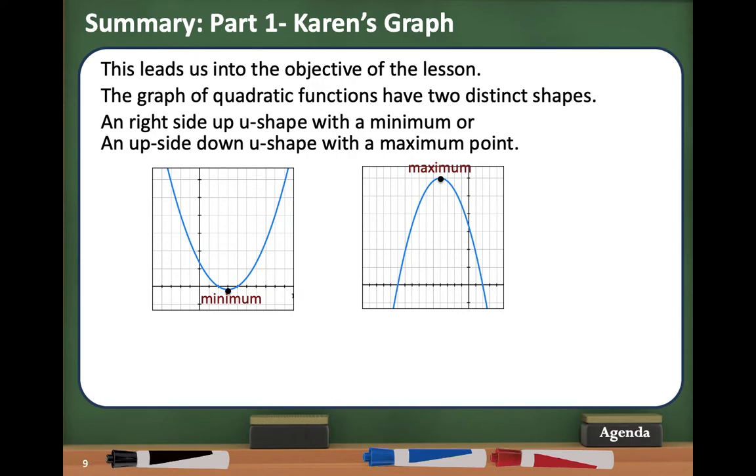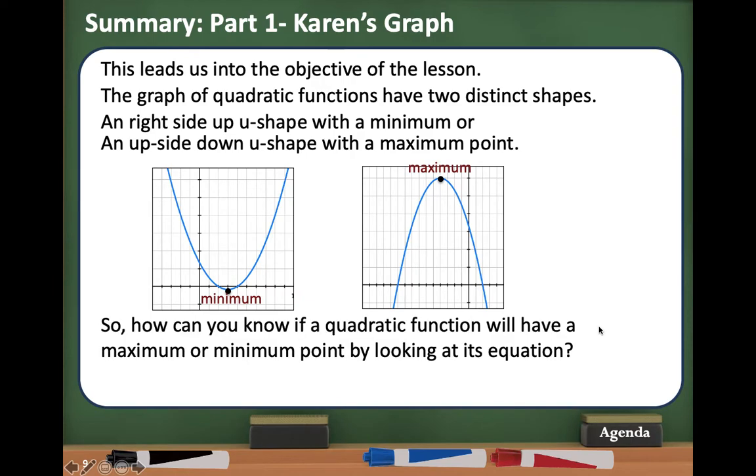So those are the key features. Now we have 2 shapes. We have the minimum ones and we have the maximum shaped parabolas. So our objective today is, how can you know ahead of time if a quadratic function will have a maximum or minimum point by just looking at its equation, right? And that's our goal.